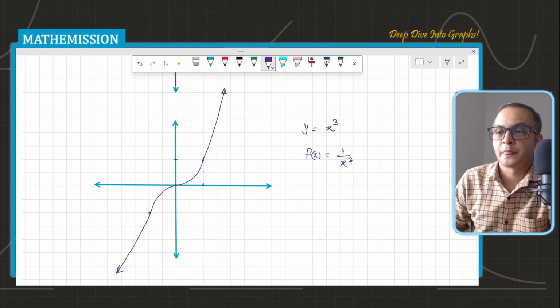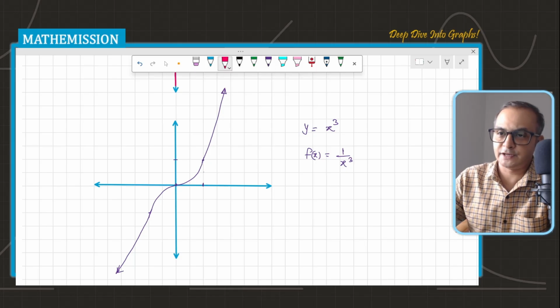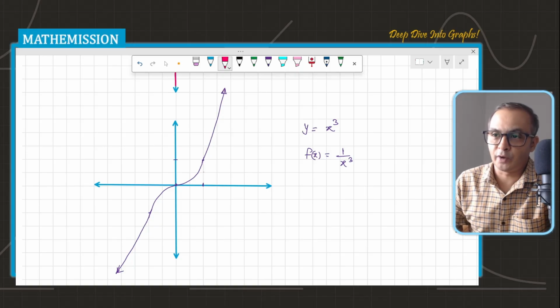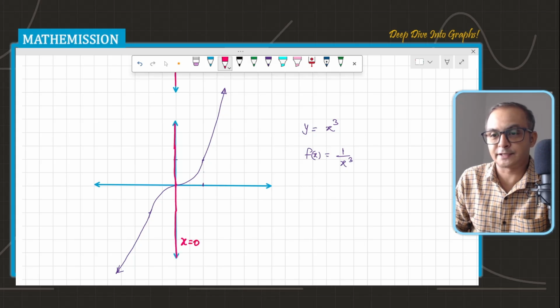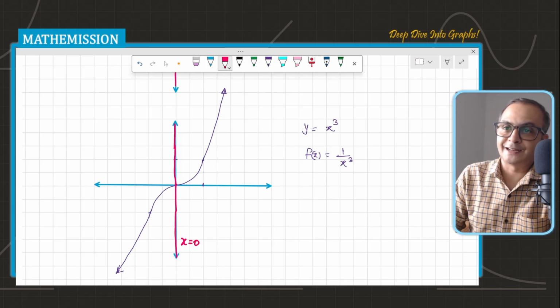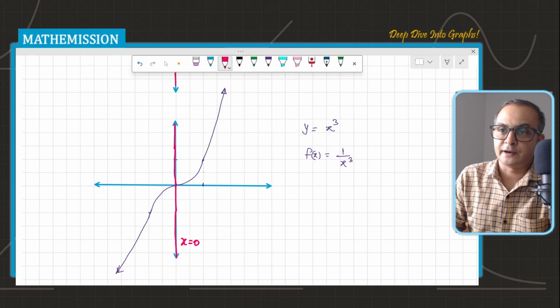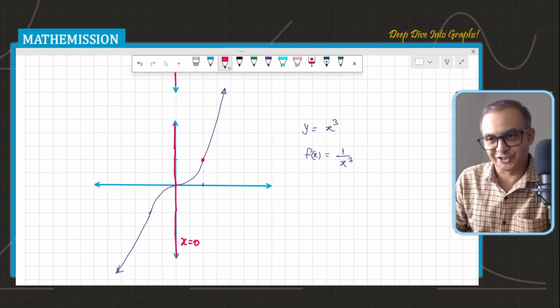So see here, from 0 to infinity the x cube graph is always increasing. So from 0 to infinity the 1 by x cube should be decreasing, but at 0 again you can see that there is an asymptote because 1 by x cube is not defined. So again x equals 0 is an asymptote, so it starts decreasing, and at x equals 1 again they should meet each other.